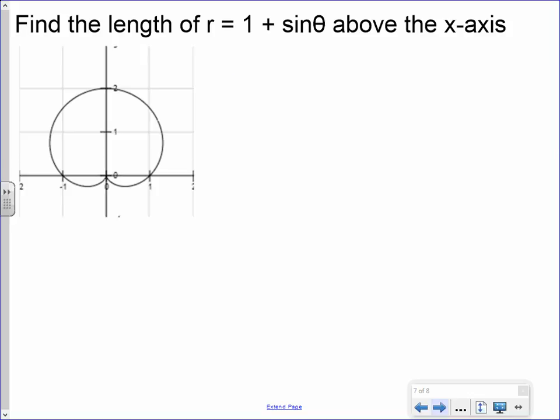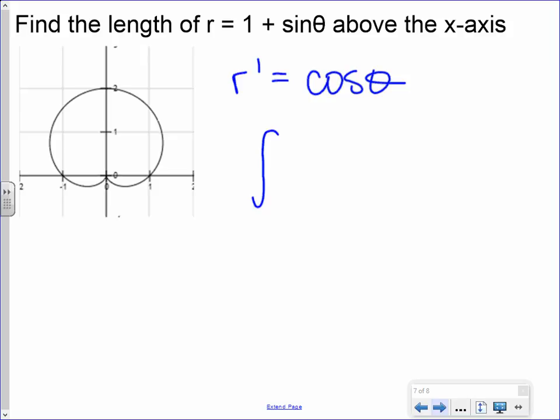All right, so what is r prime? What is the derivative of r with respect to theta? Why am I finding that? You need it. Yes. Okay.